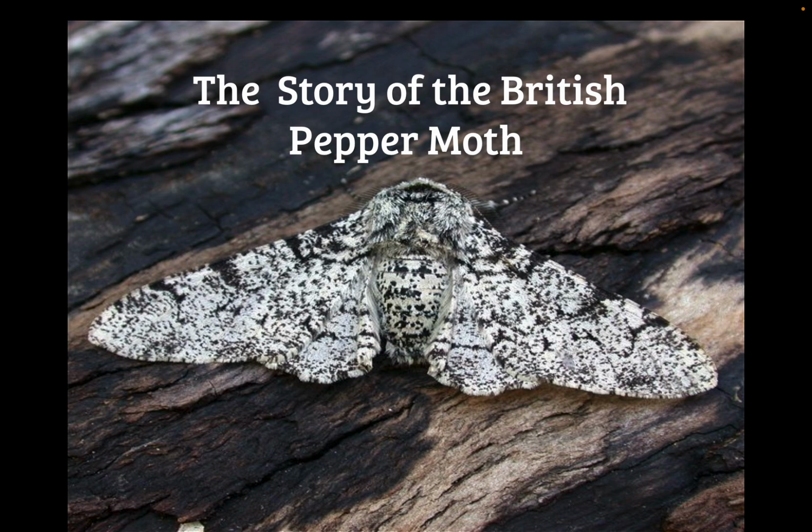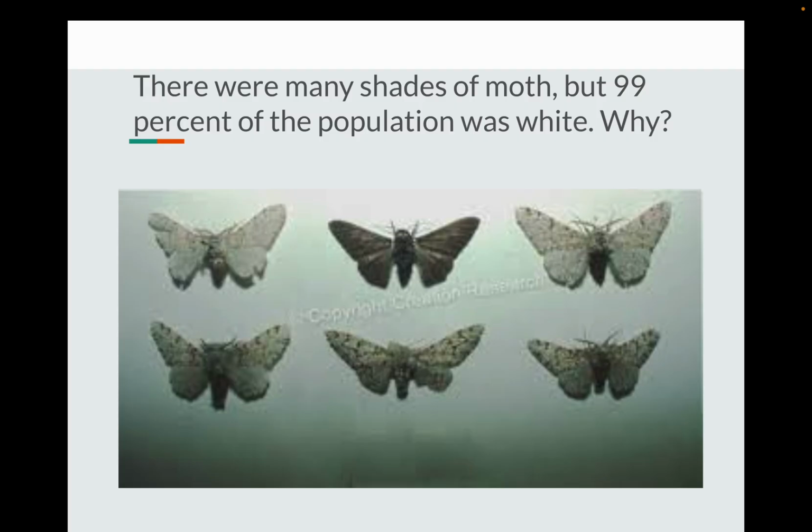So here's this moth, and we're talking, at this time period, 1700s and earlier. In the 1700s and earlier, there were many different shades of moth because they had genetic diversity in their population, but 99% of the population was white.